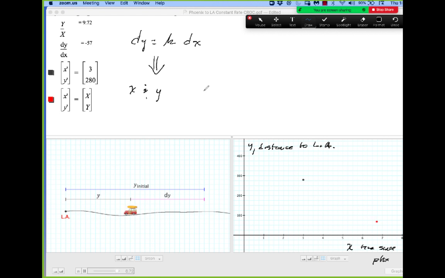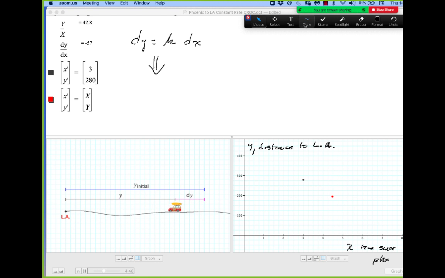Anybody else? So is this forming a line? Looks like yeah, right?